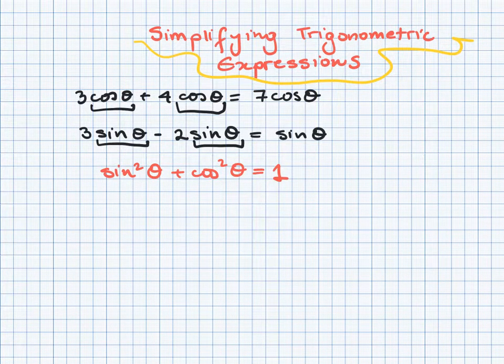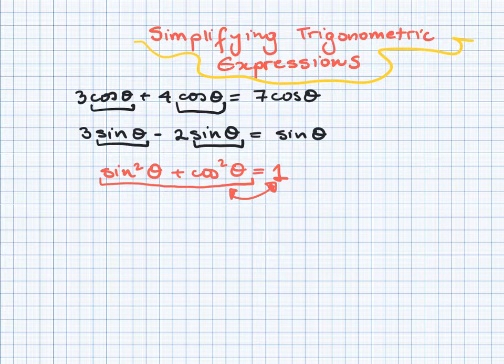You can replace sine to the power of 2 theta plus cos to the power of 2 theta with 1, or if you have 1 and you need sin and cos, it can be replaced with the left hand side. So it does go both ways.